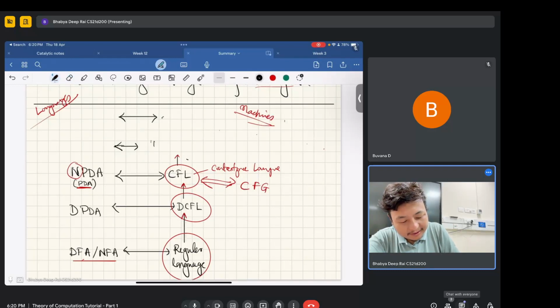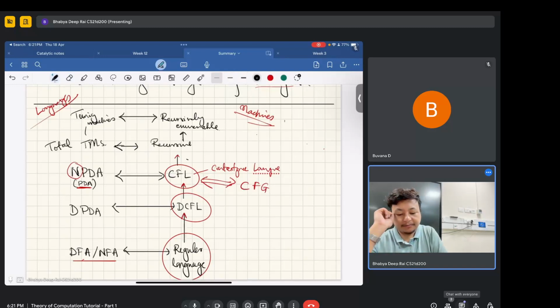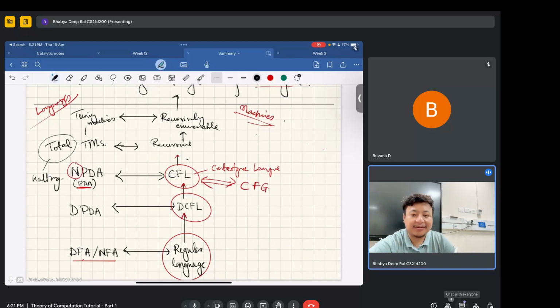Sorry for the confusion. Recursively enumerable are Turing machines, and recursive are total Turing machines, and total Turing machine means always halts. And there are languages above this also, and those form the power set of sigma star.